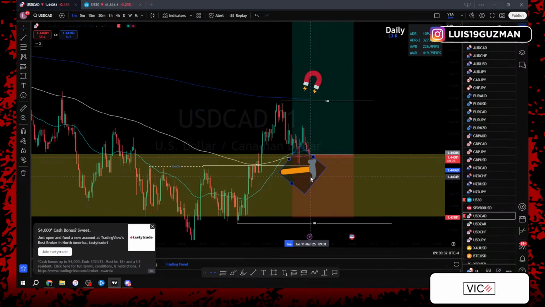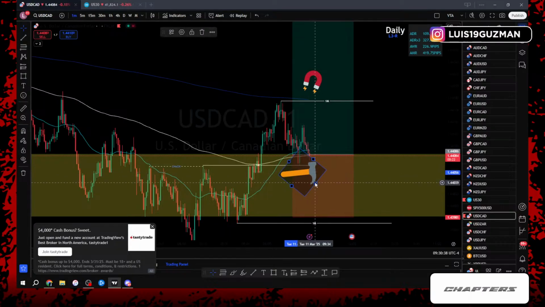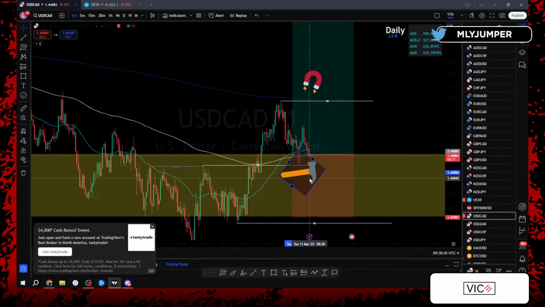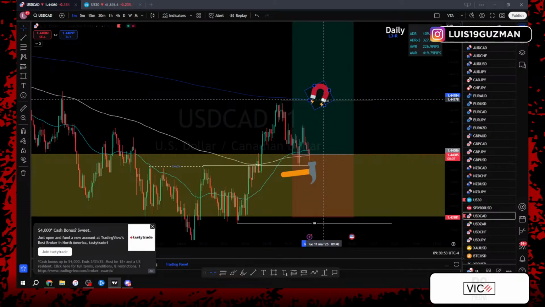Straight to the stop loss, you imagine? 8:30 open, straight to the stop loss. I saw this strategy on Instagram. I got scammed. Please. Maybe because the magnet is right here, closer.